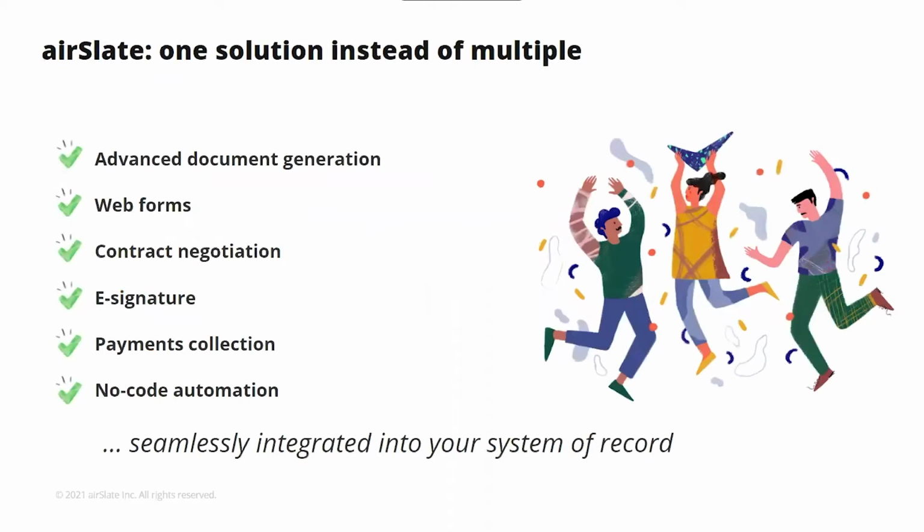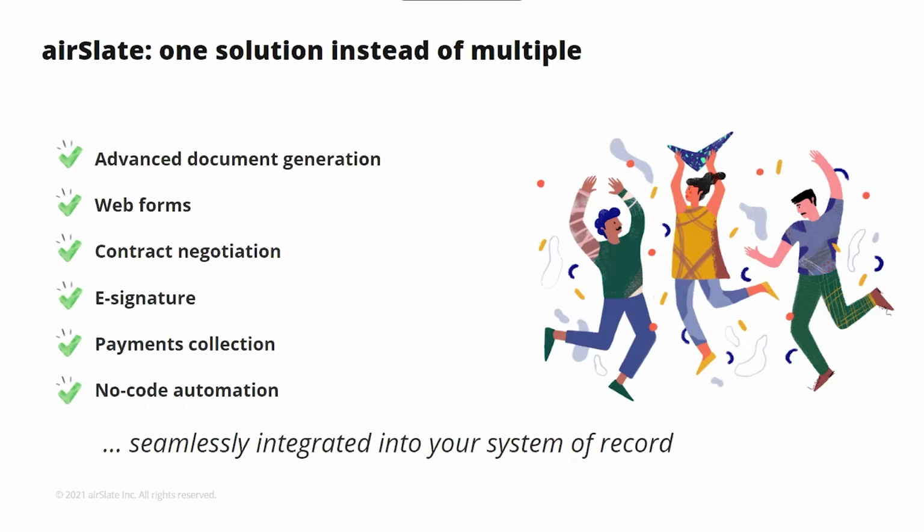So I'll hand it over to Colin to go over AirSlate. Really, a couple of key things that we want everybody to understand about what AirSlate is and does. It's one solution instead of multiple. AirSlate combines together a number of different things that you can get from different vendors in the marketplace, but never in one box.